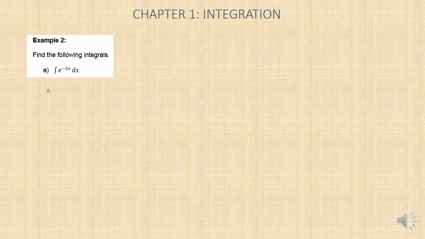So we have e power of -2x divided by the constant -2, and don't forget plus c. Or we can write it as -1 over 2 e power of -2x plus c. Okay, either one.